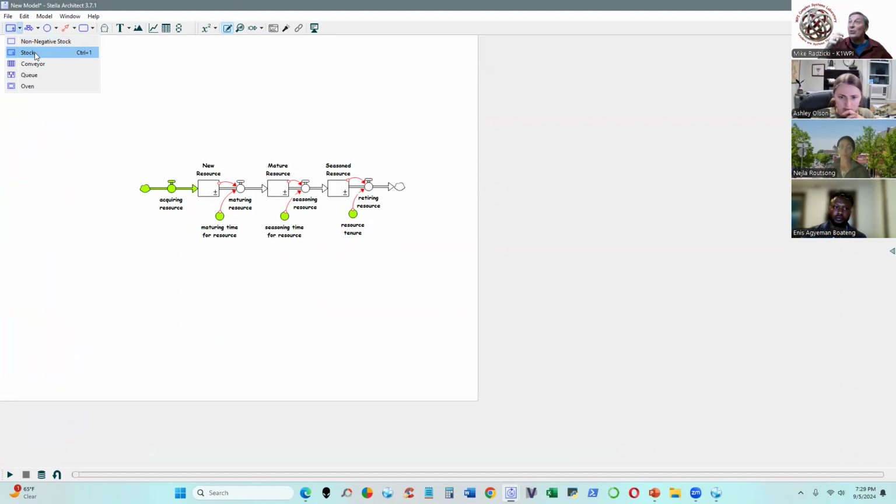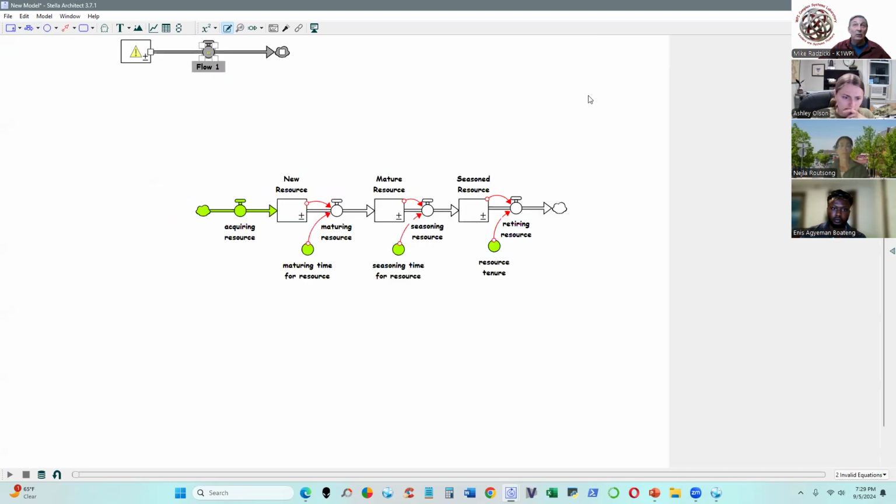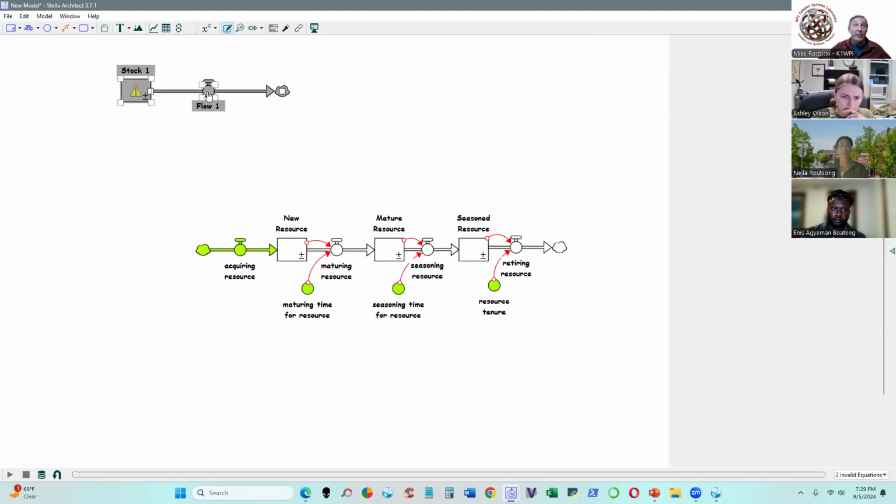But the default setting on the stock was non-negative, which meant if you just had a stock and an outflow, with no first order control, just this flow draining the thing, it would never go negative. It would stop at zero.